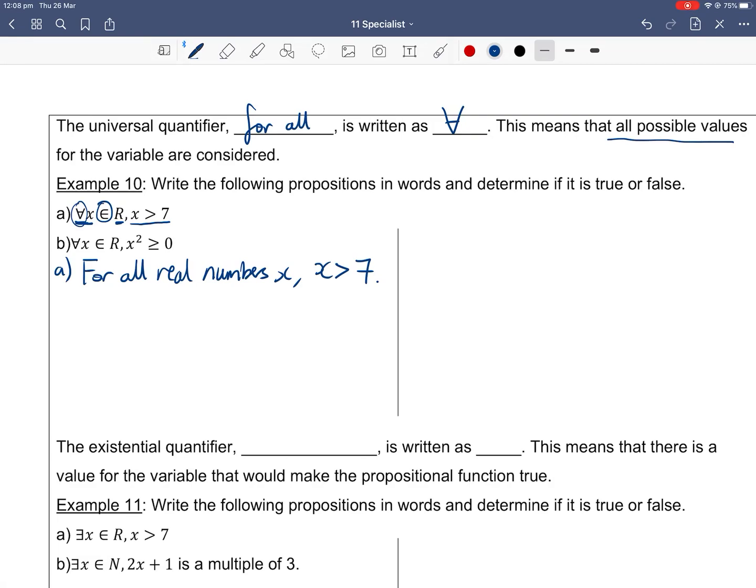Now, is this statement true or false? It's false because there are real numbers which are not bigger than 7. Since 1 is a real number and 1 is not bigger than 7, the proposition is false.